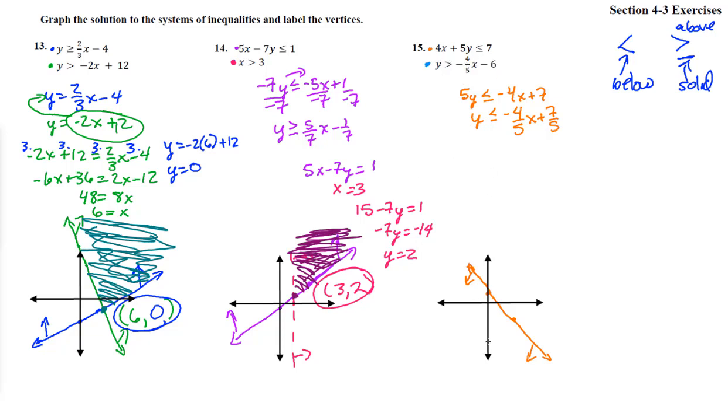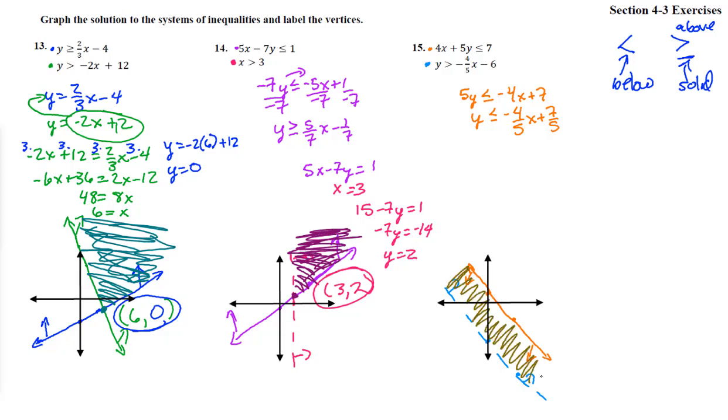So 0, negative 6 is about right here, and we go down 4 over 5 like that. And this is a dashed line. And it says y is bigger than. So this is headed up this way. Ooh, that means the area is in between these two lines.